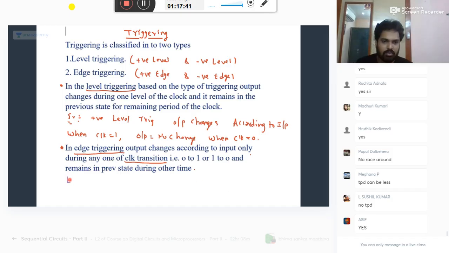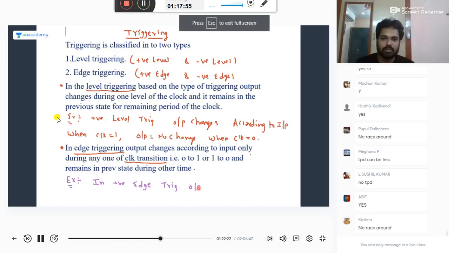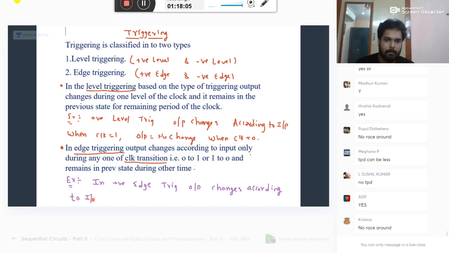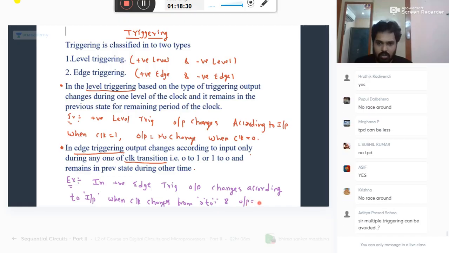Let me write. For example, in positive edge triggering, output changes according to input when clock changes from 0 to 1, and output is equal to no change.